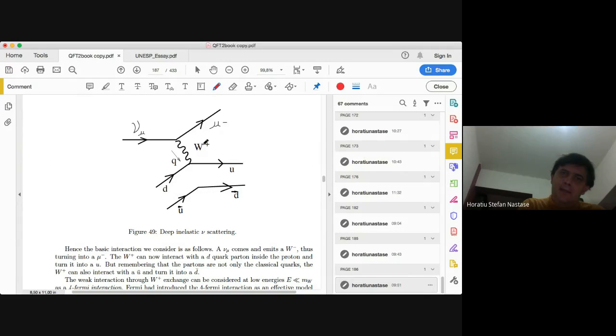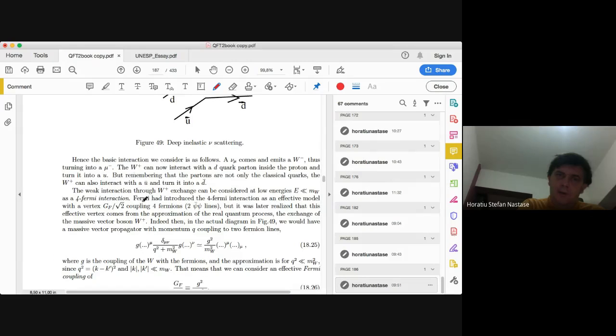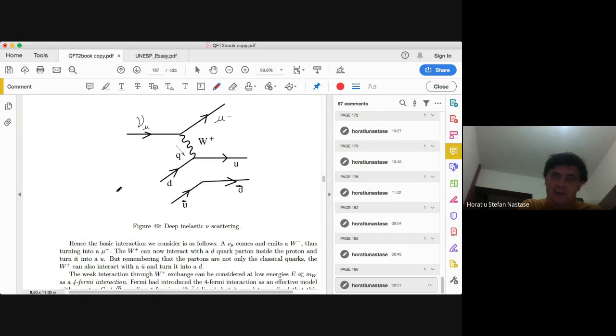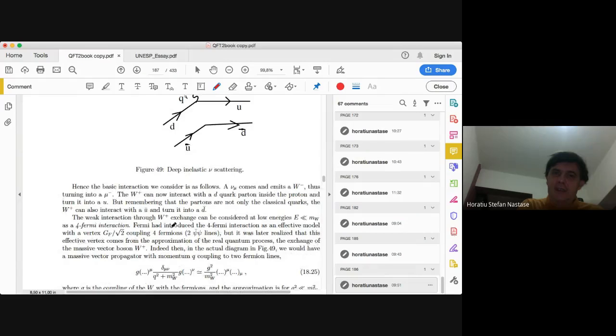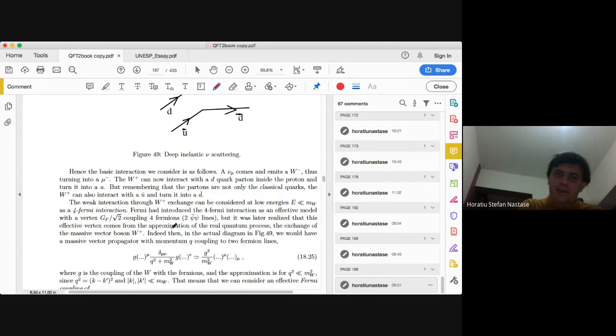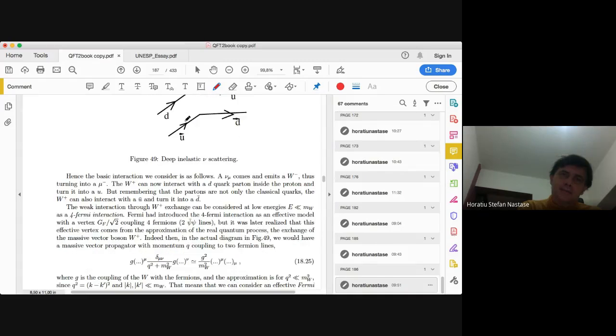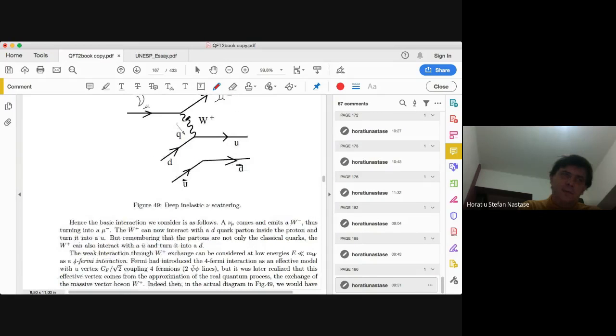So that is what is called a 4 Fermi interaction introduced by Fermi. 4 Fermi is both because there are 4 fermions and because Fermi introduced it. So this is an effective model for the interaction with this charged gluon, charged, not gluon, charged.